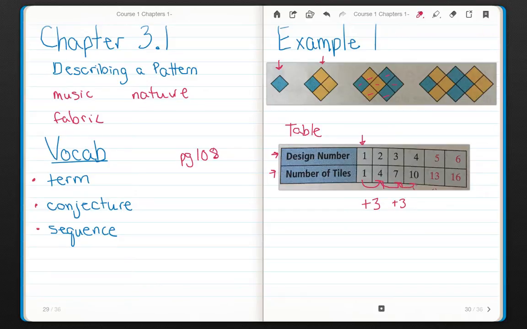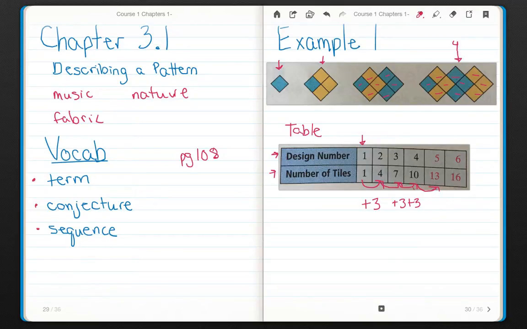From 7 to 10 tiles, because if I count, design number 4 has 10 tiles. 1, 2, 3, 4, 5, 6, 7, 8, 9, 10. I'm also adding 3 tiles. So I'm starting to see a pattern emerge, that each time I move from one design number to the next, my pattern increases by 3.